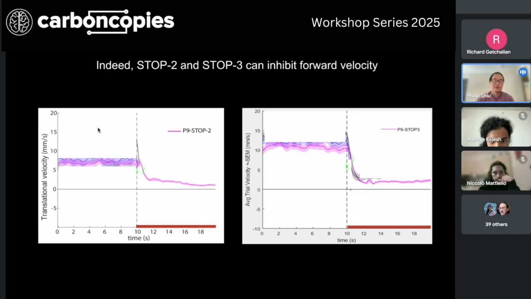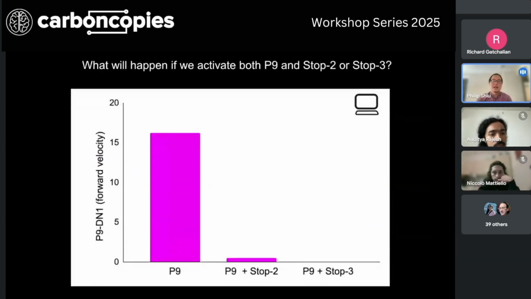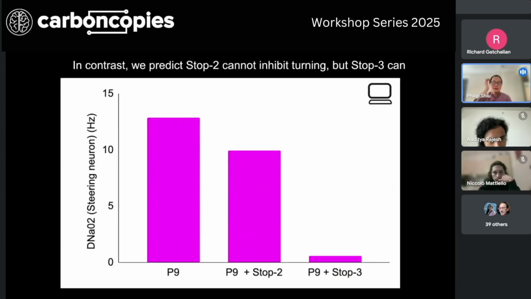And consistent with data that I had previously showed you, activating STOP2 or activating STOP3 decreases the velocity of the fly. One really exciting thing that we found was, in contrast to the data that I showed before, where STOP2 and STOP3 can control the forward velocity, we also looked at the activity of DNAO2.